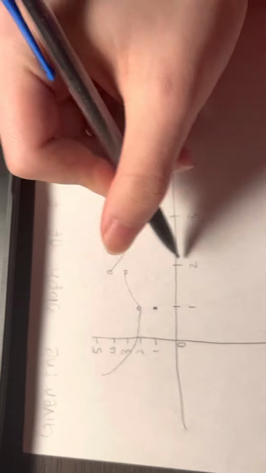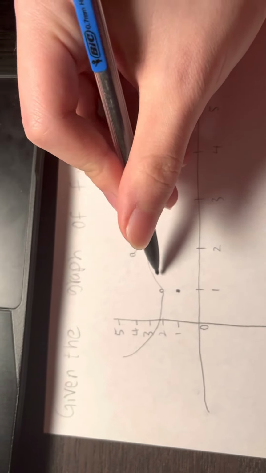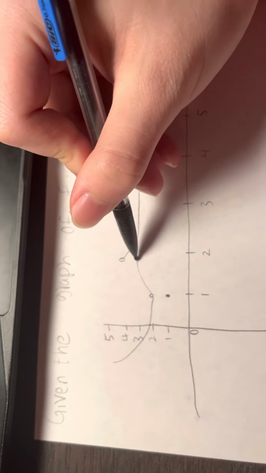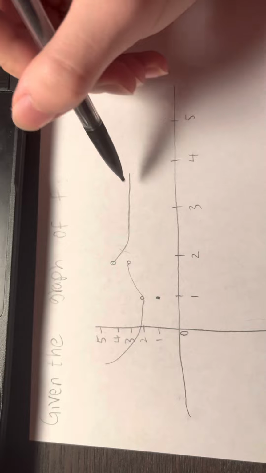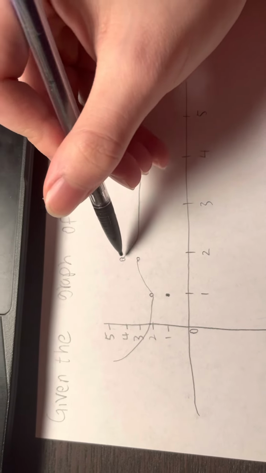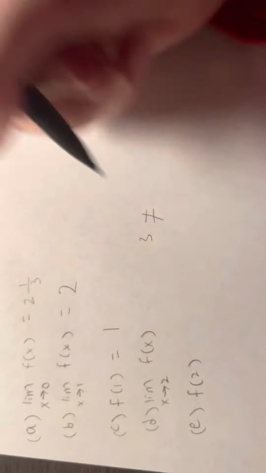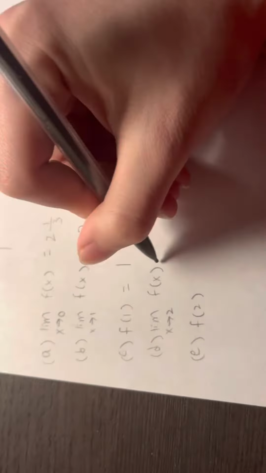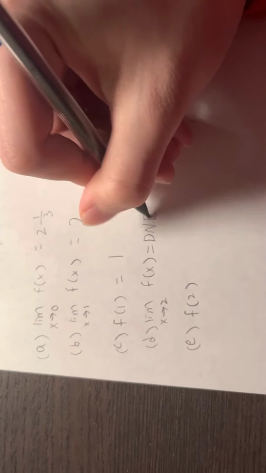However, on this graph, we can see at 2, there is one point from the left approaching at 3. And from the right, the point is approaching at 4. This means that 3 does not equal 4, which means at 2, the limit does not exist.